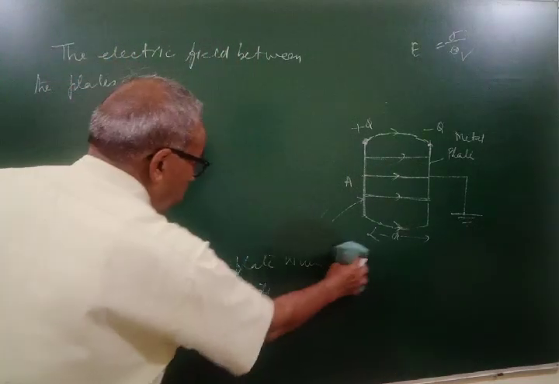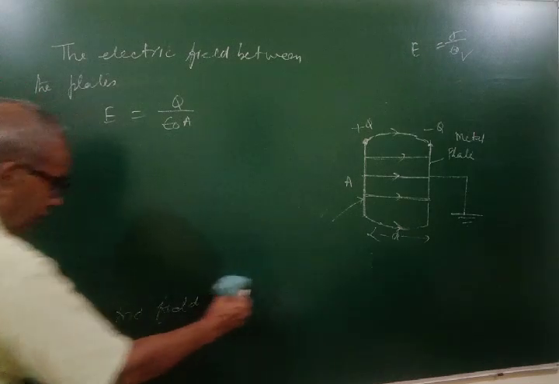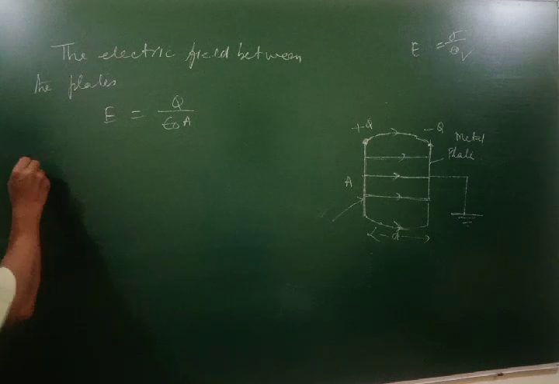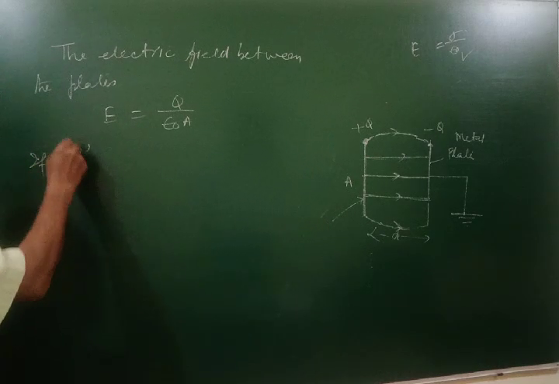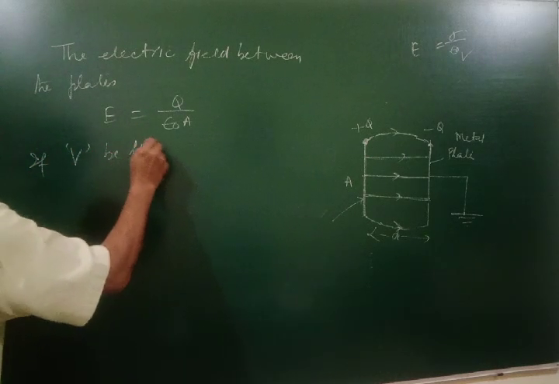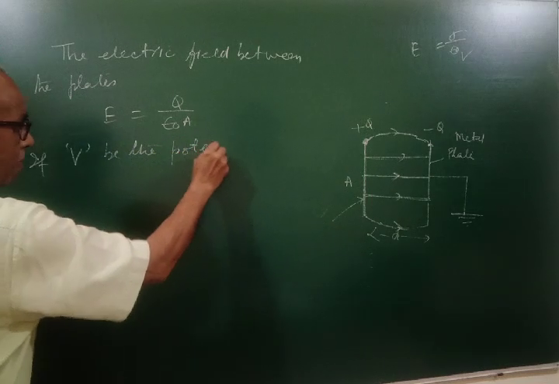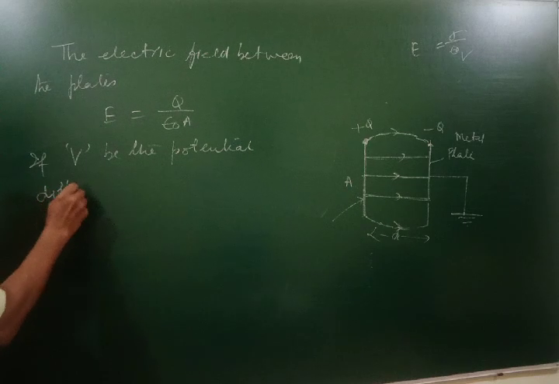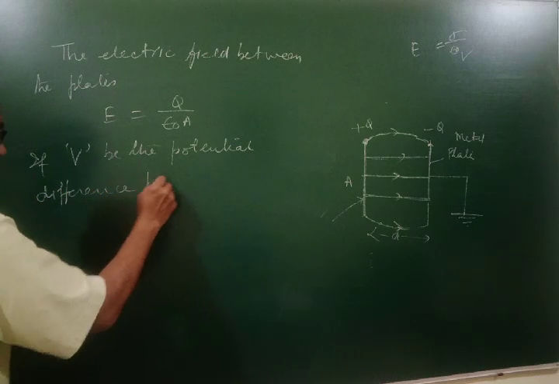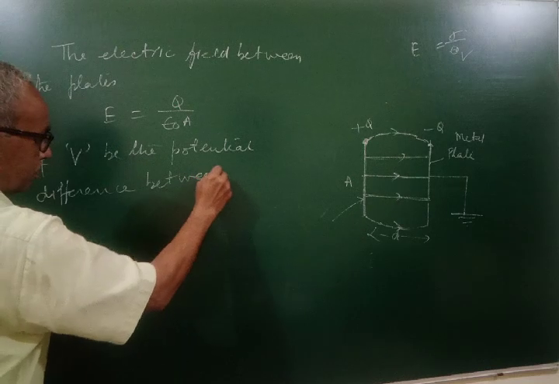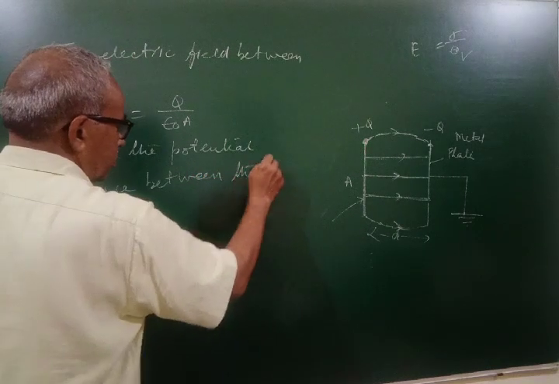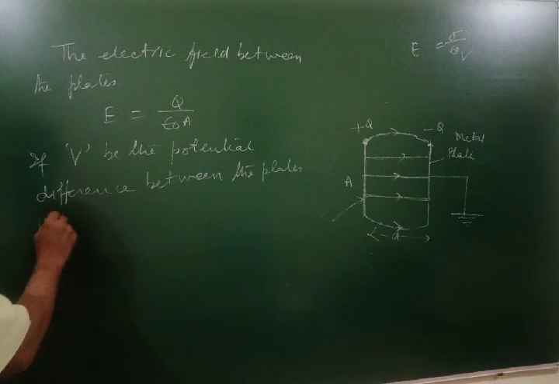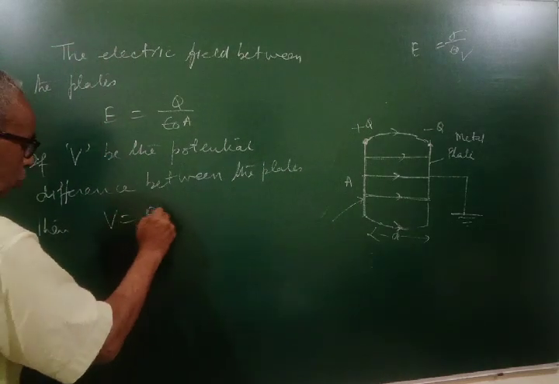Now we know there is a relation between electric field and potential difference. If capital V is the potential difference between the plates, then V equals E into d.